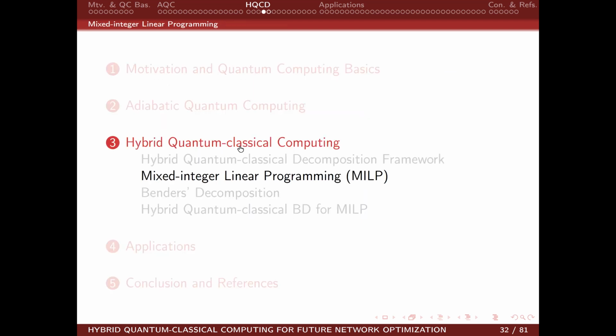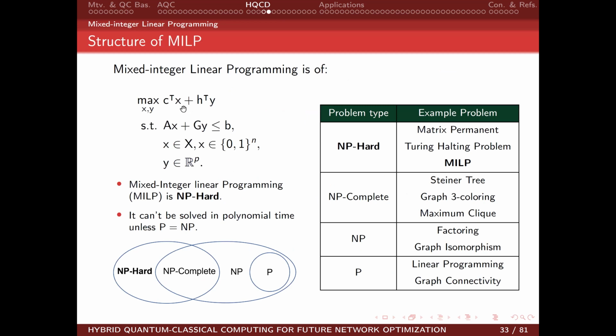Let's see how we apply it to mixed integer linear programming. Mixed integer linear programming is an important technique in solving real-world applications. Here is the mathematical model for mixed integer linear programming.